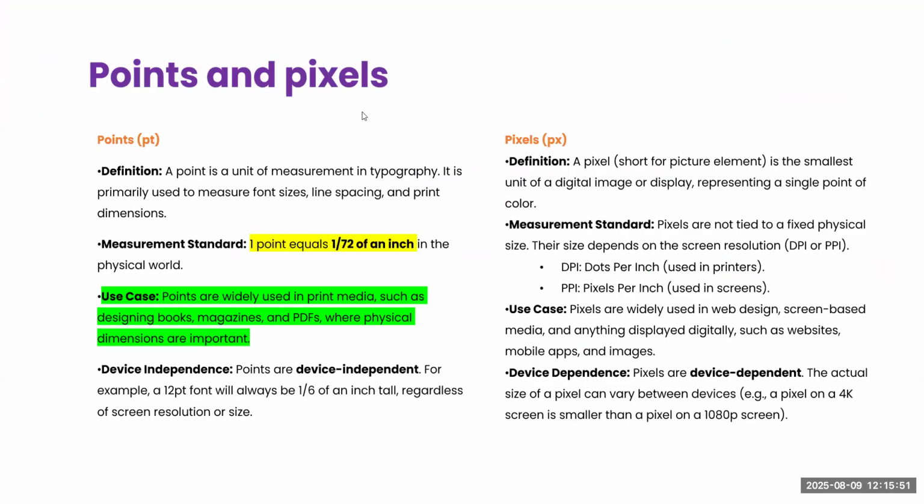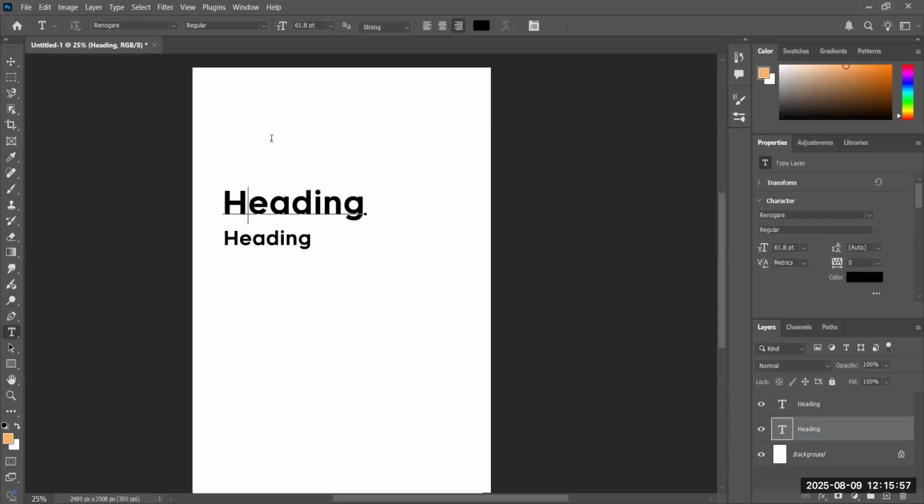Now look here in Photoshop. Look here, it's not in pixels, it's in points. Why do we call them points? Imagine you are typing in Word, 61.8 points. Even if you give 61.8 in Word, this same size comes. It's not taking pixels. We say one point is 1 divided by 72 inches.